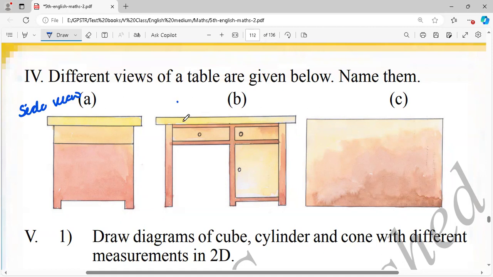Front view. If you look at the table from the front, it looks like this. Front view. This is the top view, top view or plan.